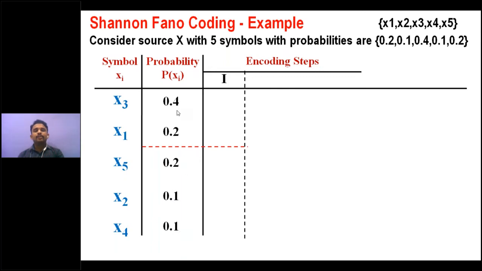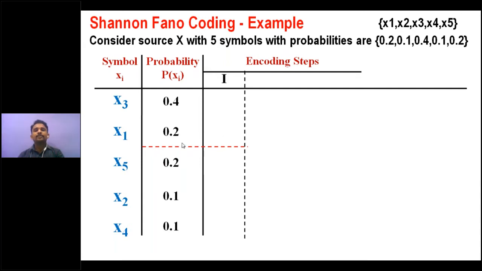Clear? Now 0.4 plus 0.2 is 0.6. Now consider this partition line. Above this partition line, how many symbols do I have? Two symbols. Now the one important rule we have to follow for Shannon Fano coding in the encoding steps: after taking this exact division of partition, the symbols in the above partition we have to encode with symbol 0.